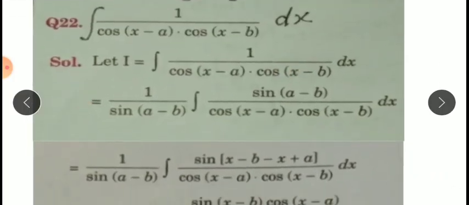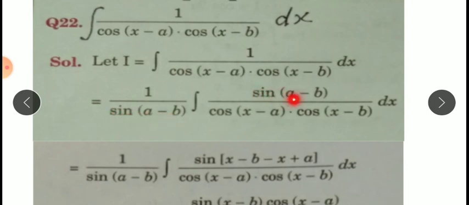Now see next question, question number 22. Integration of 1 upon cos(x minus a) cos(x minus b). Let I is equal to integration of 1 upon cos(x minus a) cos(x minus b). Here multiply numerator and denominator by sin(a minus b).